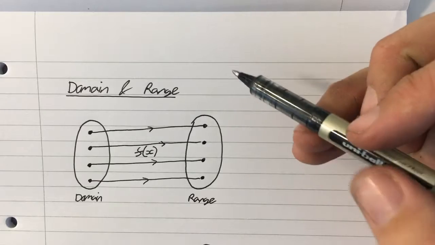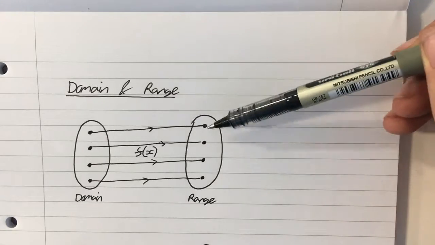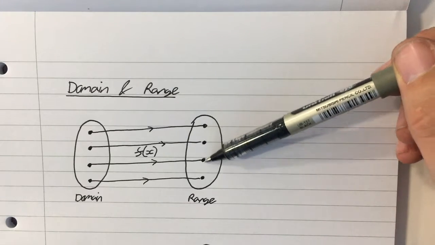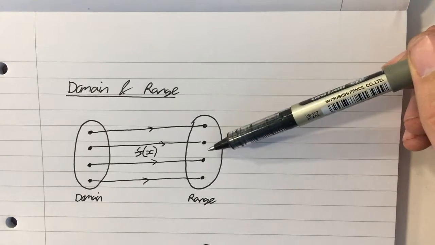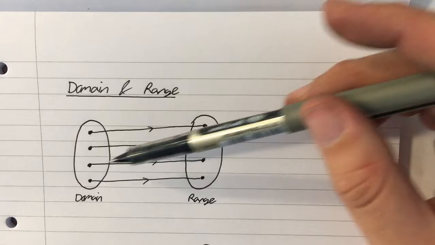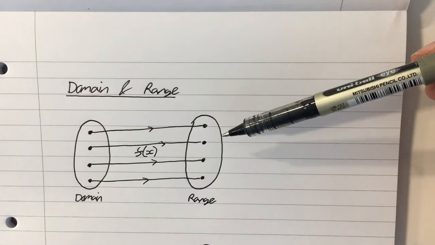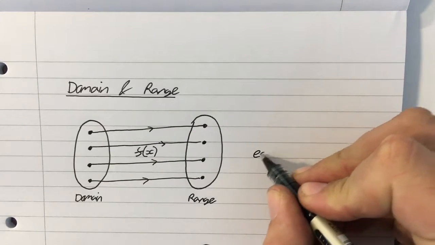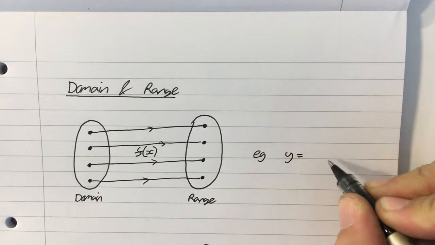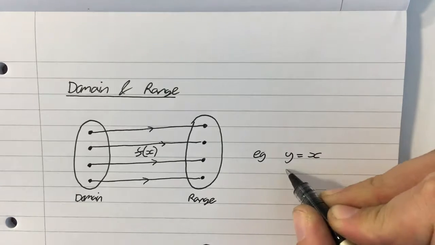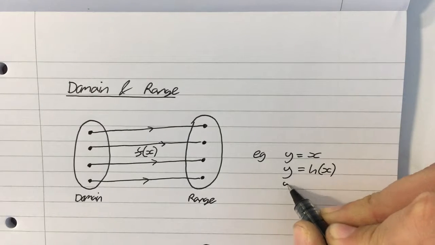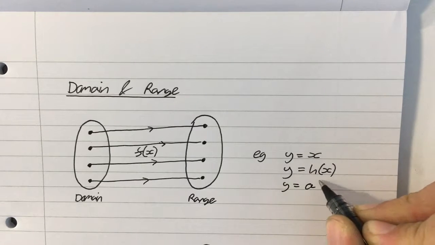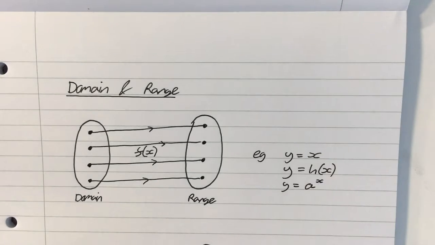The point is that there's no value in the range, or the output, that has multiple values from the domain going to it. So examples might be y equals x, or y equals ln x, or y equals a to the x for some number a.